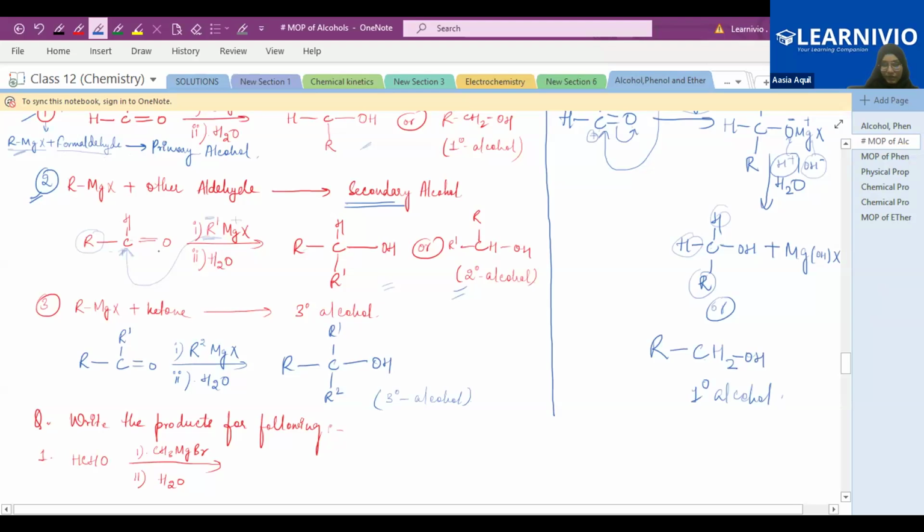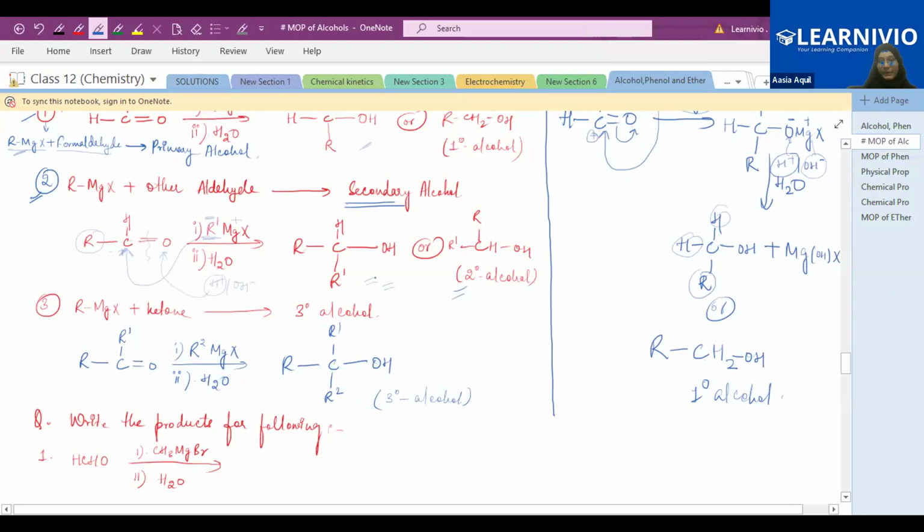And what will happen on this oxygen? This bond will break, and to this oxygen comes H plus, because H2O will give you H plus and OH minus in the second step. This H plus will come and attach to this oxygen, and it will give you a secondary alcohol.